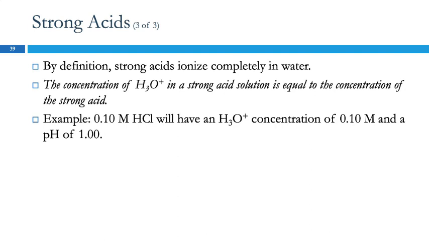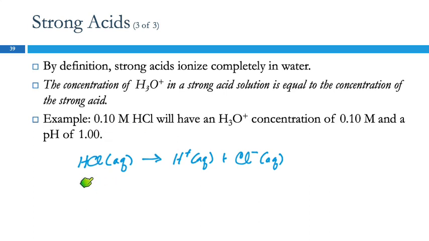If we look at a 0.1 molar HCl solution, this is a strong acid, and so all of the acid ionizes to form hydrogen ions, hydronium ions, and chloride ions, and none of it is left. So if we start out with 0.1 molar HCl, we end up with 0.1 molar H plus, 0.1 molar Cl minus, and then the pH would be 1.